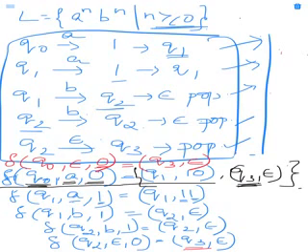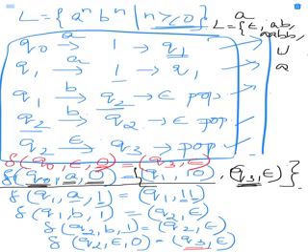That means the language will accept epsilon, ab, abb, like that, a raised to n, b raised to n. Together with this, it also accepts what? a alone. That is, the string a also will be accepted by the language.